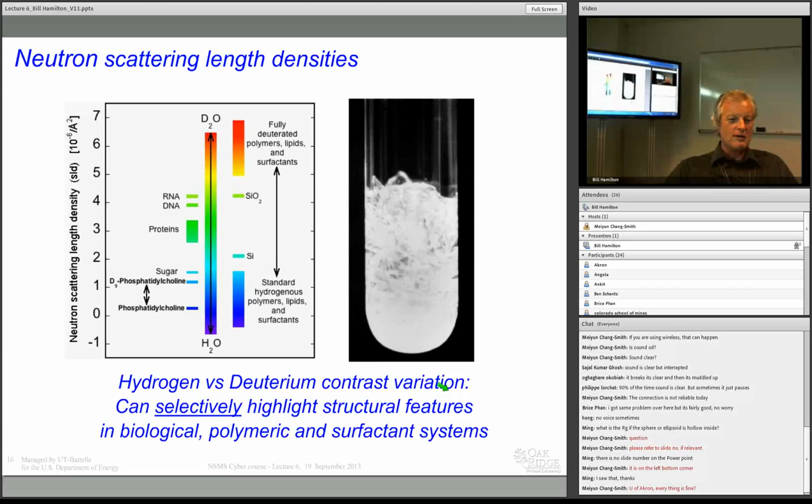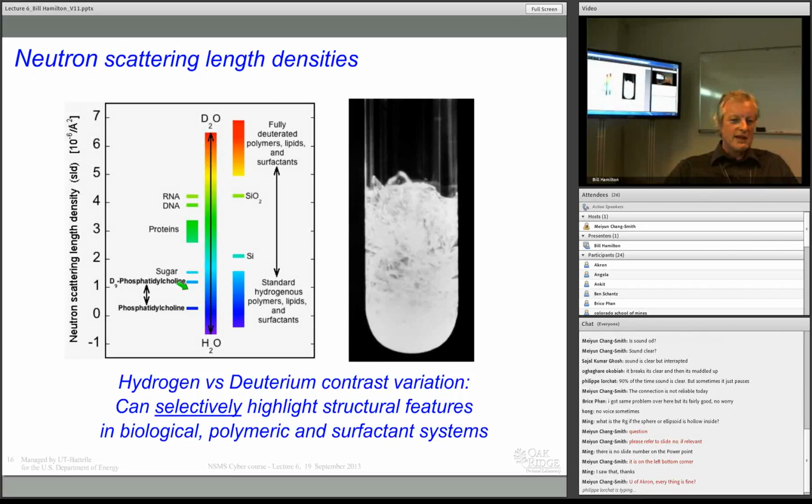And that trick is one that we can play here. Here are the scattering length densities of some lipids, basically the materials that make up your cell membranes, sugars, proteins, DNA, RNA, classic biological soft molecules, and sort of technological soft molecules.